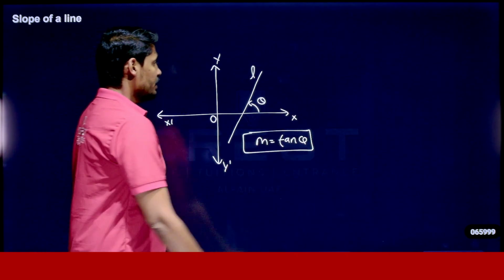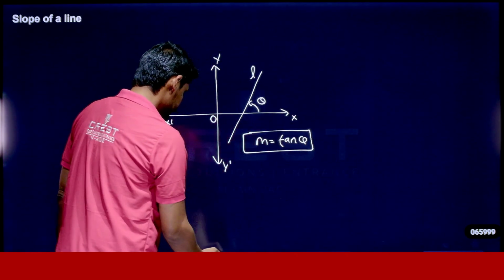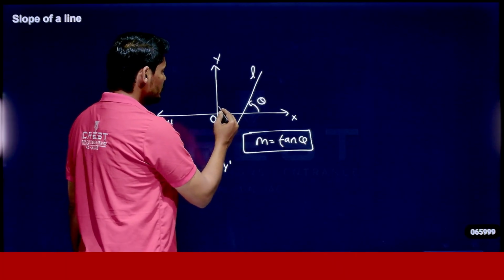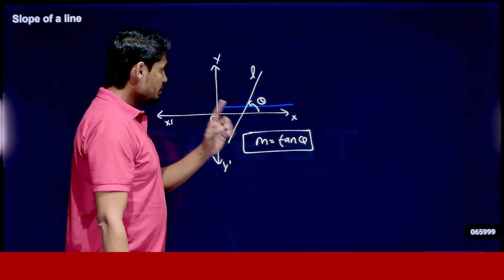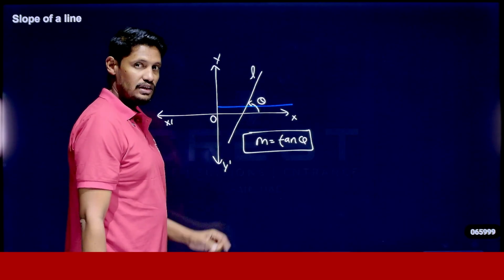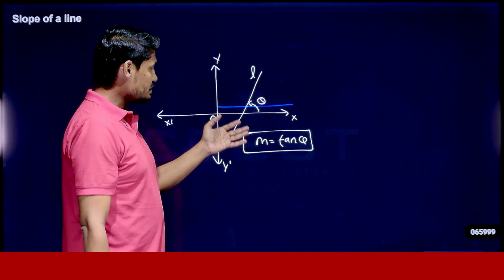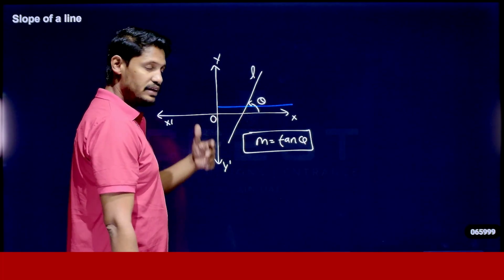And if a line is parallel to the x-axis, suppose this blue line is parallel to the x-axis, then what is its slope? There is no angle, theta is 0.